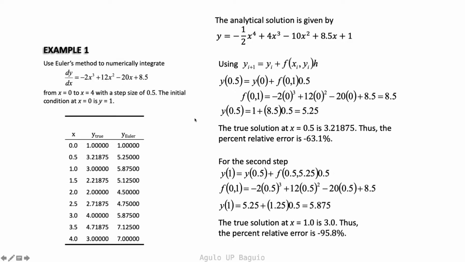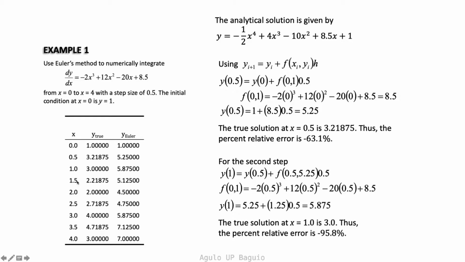So we plug the values in here, and we get for f of 0.5, 5.25 a value equal to 1.25. So we multiply 1.25 by 0.5 and then add it to 5.25, and we get for y at x equals 1 the value of 5.875, which is what we have here.